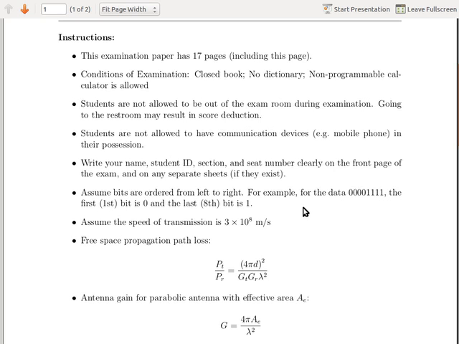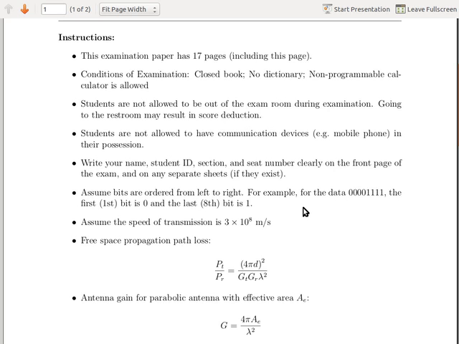Normal things. Okay, when we're talking about a sequence of bits, then in all cases in the exam and in fact in the lectures, I'm assuming that the first bit is the leftmost bit, and the last bit is the rightmost bit.